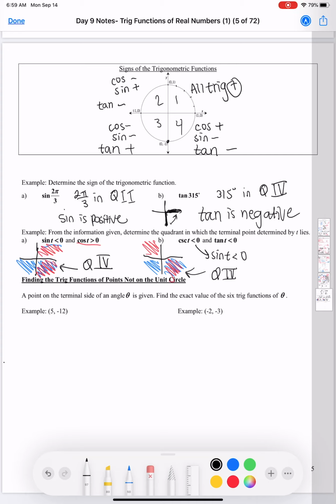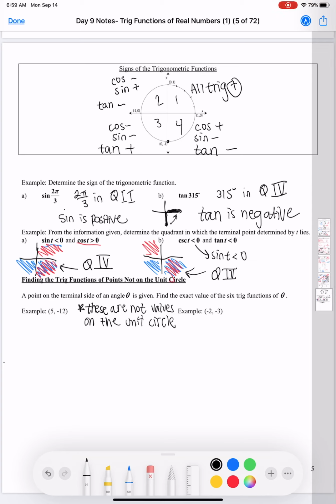All right, so a point on the terminal side of an angle is given. Find the exact value of the 6 trig functions. So these are different because notice that these are not values on the unit circle.